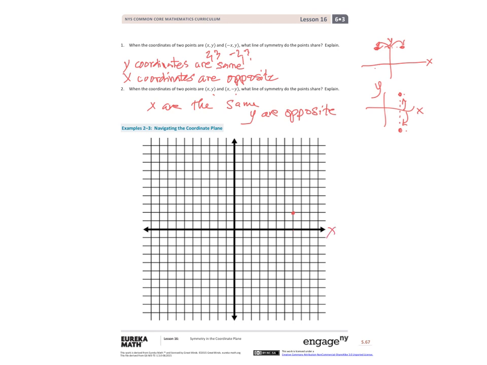Here's my x, here's my y. So move 1, 2, 3 units down and reflect over the y-axis. So 2, 4, 6, 7, 2, 4, 6, 7.